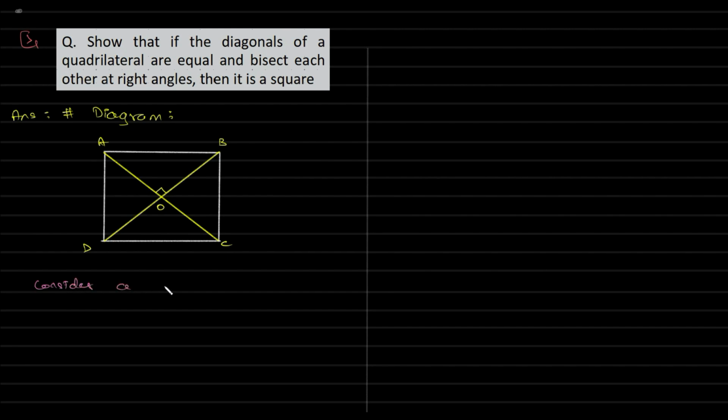Consider a quadrilateral ABCD with diagonals AC and BD intersecting at O.